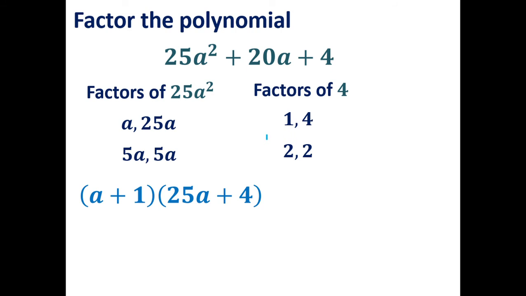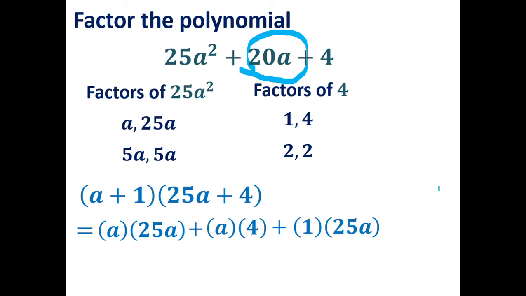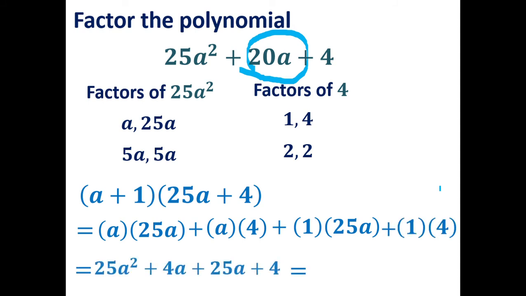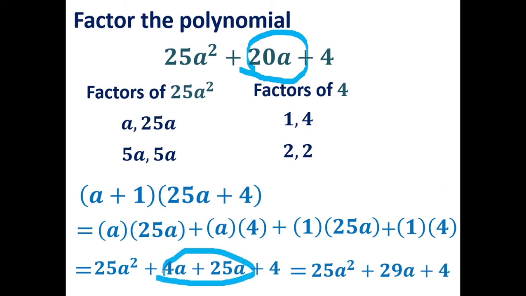So, ayan 25, 5a. Check natin kung ito ay lilitaw ay 20. So, pag yan ang ginamit natin using the FOIL method, a times 4 plus 1 times 25a plus 1 times 4. So, dito pa lang, alam na natin na ayan, a squared. Pagdating dito, magiging 29 tayo. So, ibig sabihin, hindi siya pwede. Di ba? Hindi yan yung factor.